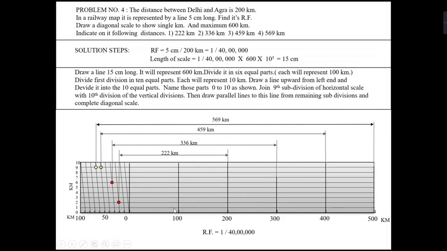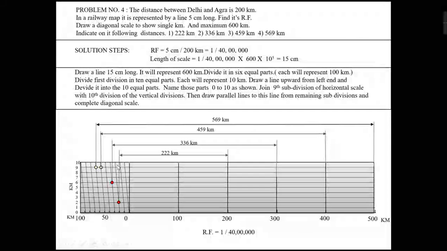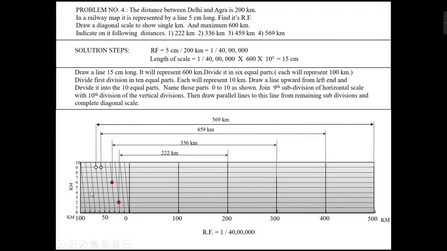So when you are drawing the horizontal lines inside the diagonal scale, you should draw with the help of a 2H pencil. Why? If you draw it with the help of an HB pencil, then your drawing will not be clear. Although it is a part of a diagonal scale, you should draw it with the help of a 2H pencil. Also, these diagonal lines you should draw with the help of a 2H pencil.